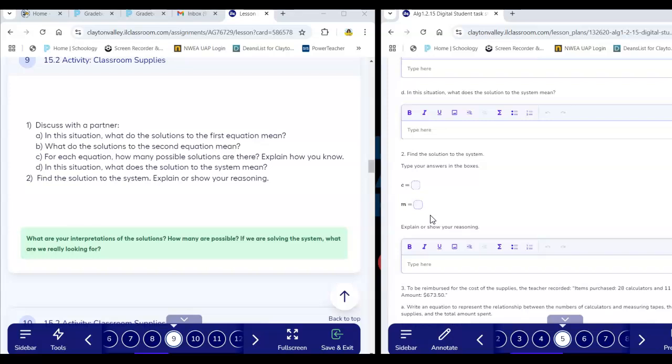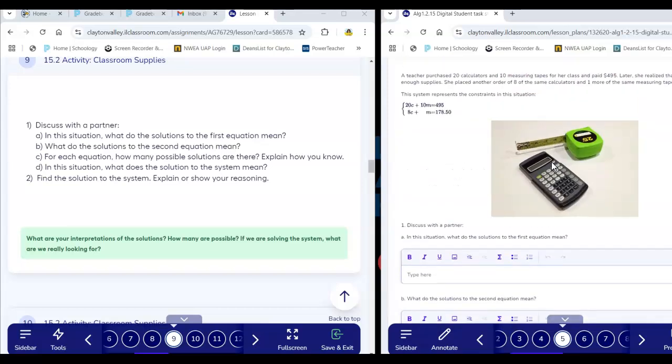And I don't care at this point how you do it. You can look at this. Is it going to be easy to solve it by elimination? Think about that. Are 2 of these coefficients the same? No. Could you add or subtract it right away?